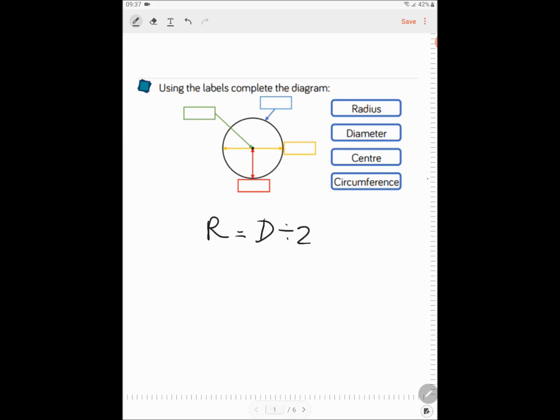But you can also use that to work out that diameter equals radius times 2. Those are two key facts that you're going to need during this lesson because you're going to be calculating with the radius and with the diameter. But the key point to remember is the radius goes from the centre point, the diameter goes through the centre point.